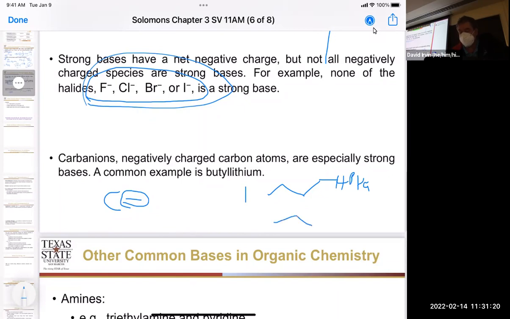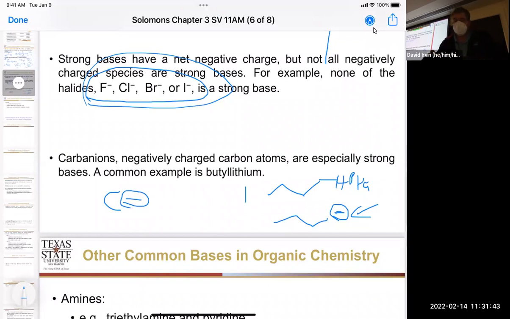If we remove that proton and generate an anion there, this is going to be super, super, super strong. So carbanions, negatively charged carbons, are going to be one of the strongest bases we use, and we'll use those when we talk about alcohols and conversion.